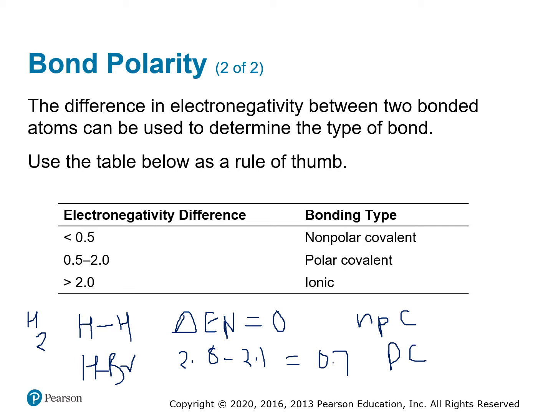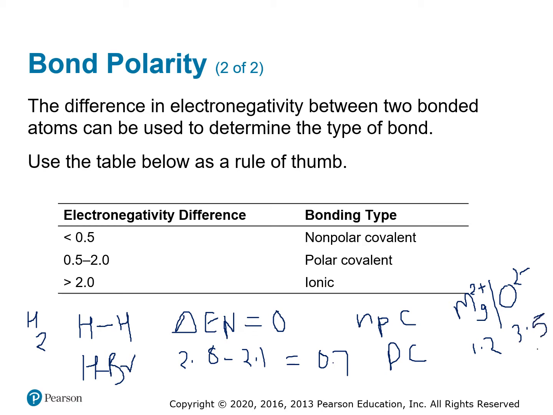And let's take an example of an ionic molecule. Let's take magnesium oxide, MgO. You know it forms magnesium ion and oxide ion, Mg2+ and O2-. If we look at the table for the electronegativity values, magnesium's value is 1.2 and oxygen is 3.5.